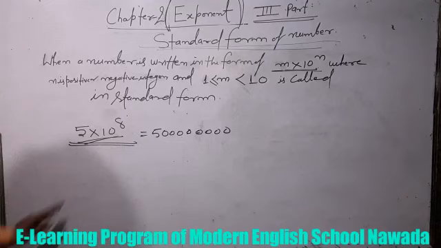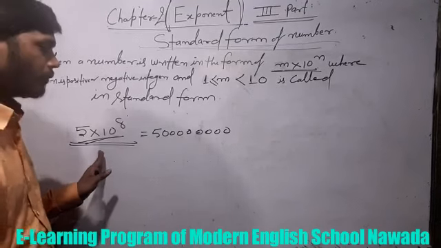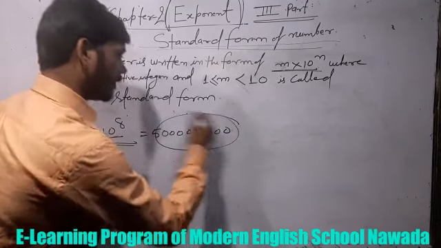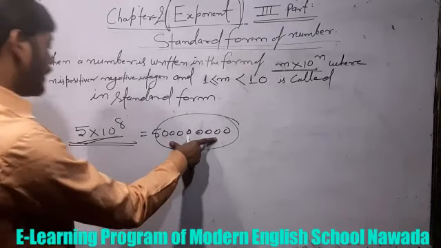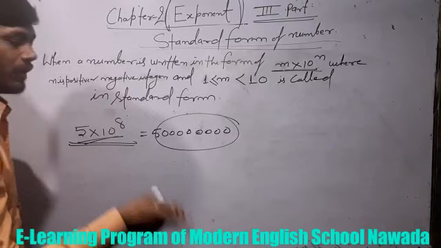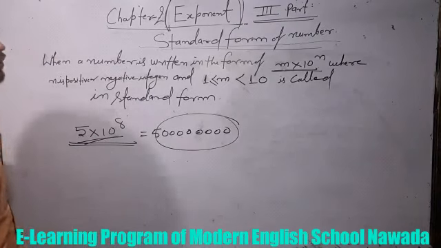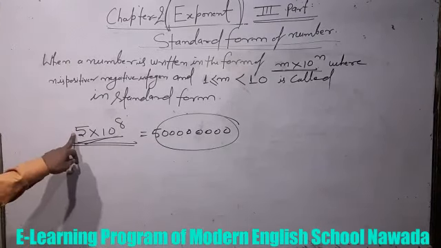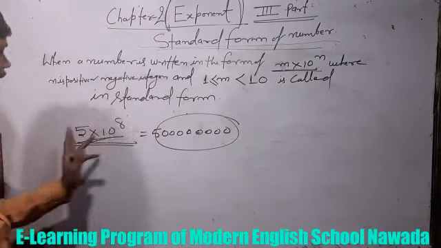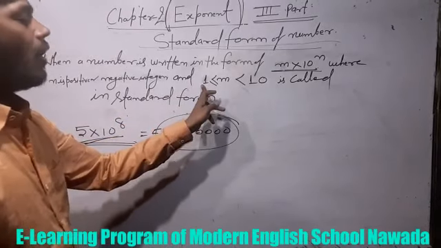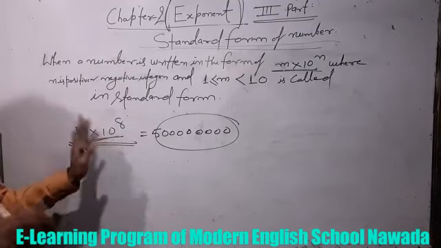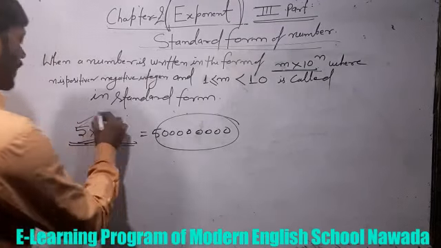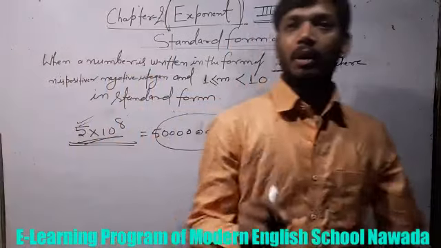This number is in standard form, but the original is not in standard form. The method to write a number like that is known as standard form. Here the value of m is less than 10 and equal to or greater than 1, so m can be a decimal number.